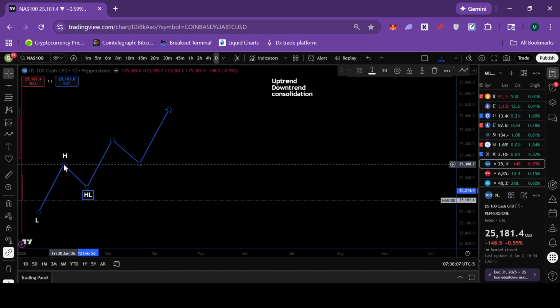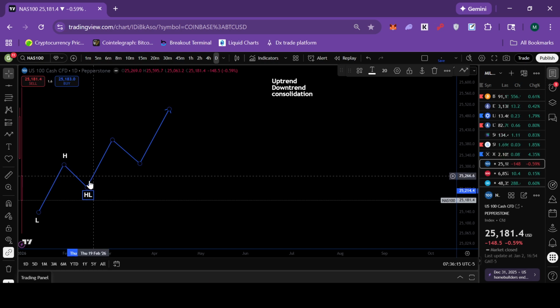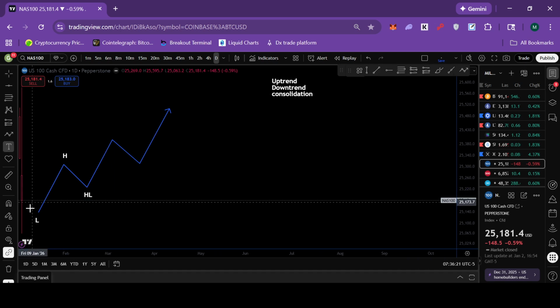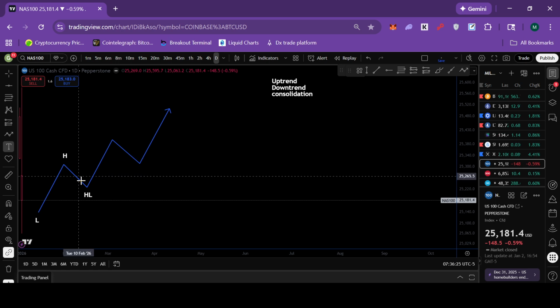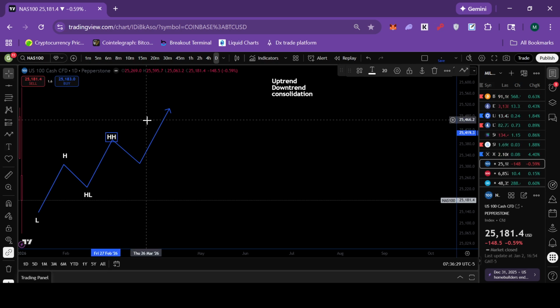And to be honest, in the future, which you're going to see in other videos, these are going to be the areas in which, if we are already in an uptrend, we're going to be looking to try to get entries around this area. There'll be more details into it, but you'll see in the future, right? So you have your low, your high, your higher low, and then your higher high, right?